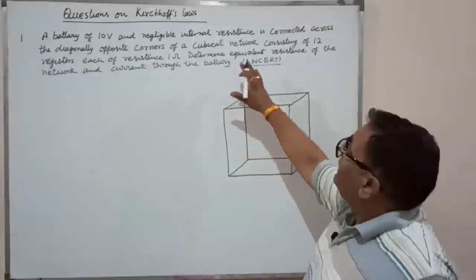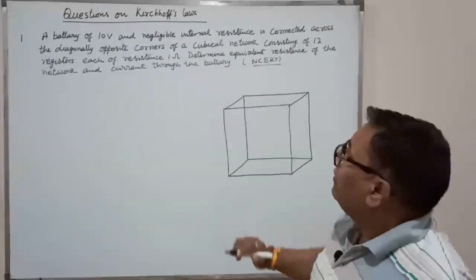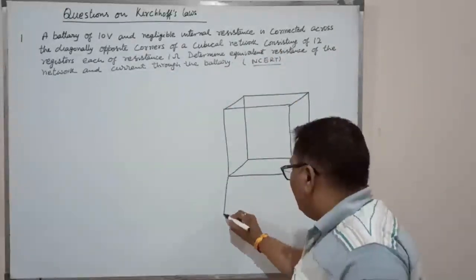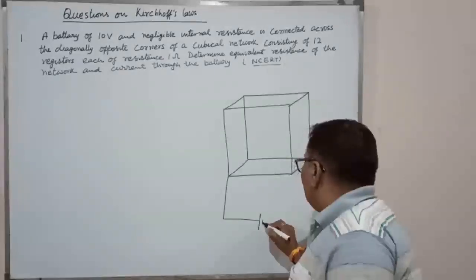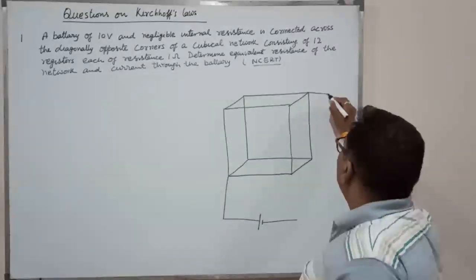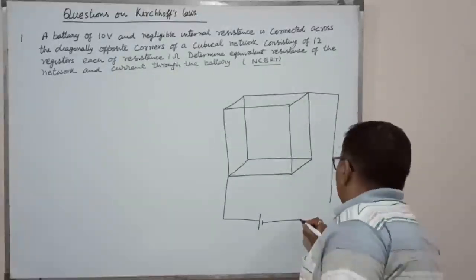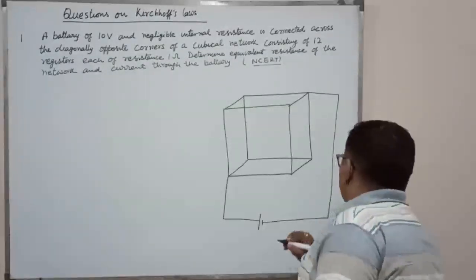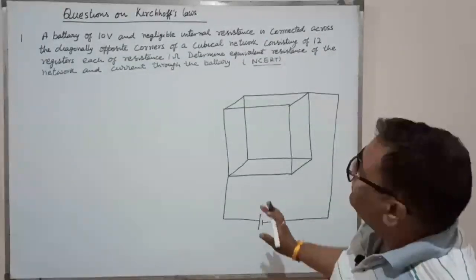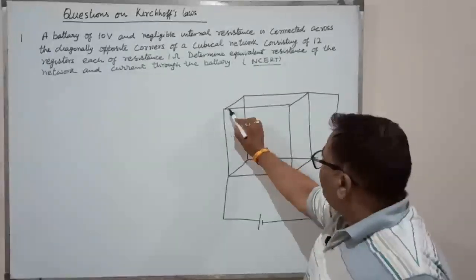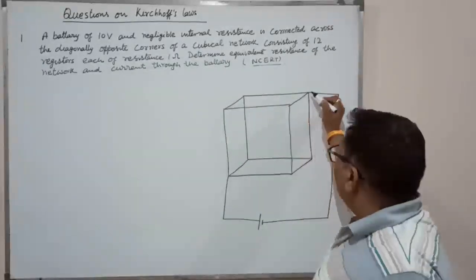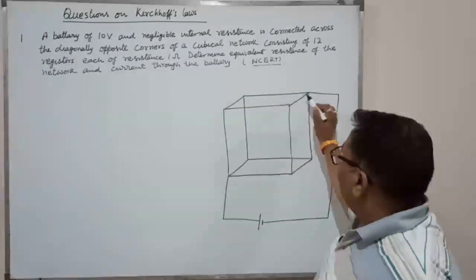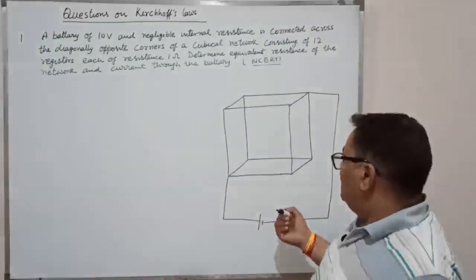The battery is connected across the diagonally opposite corners. That is, this is the position of the battery. Clear? And the resistance of each part of this cubical network is 1 ohm.